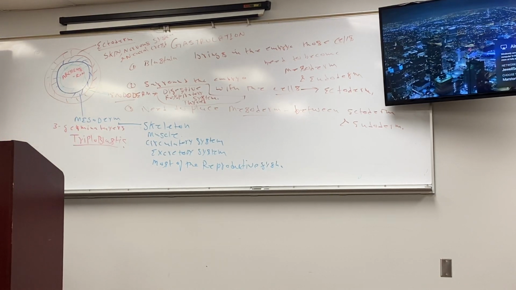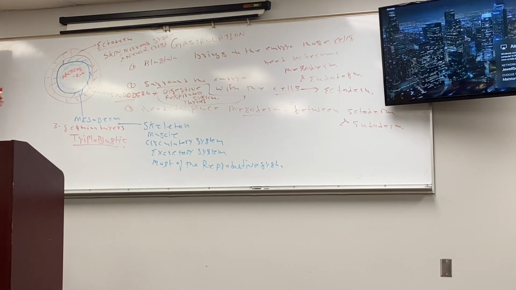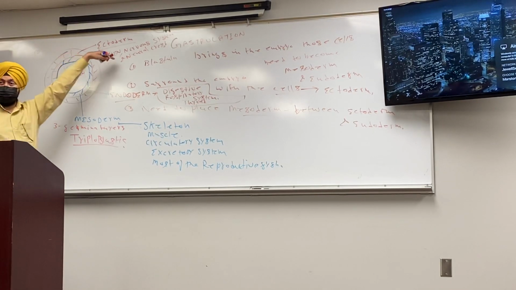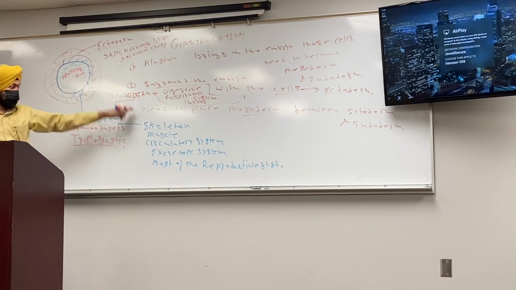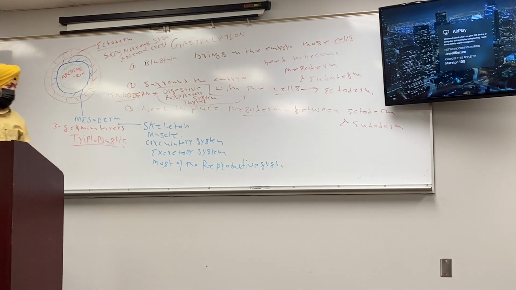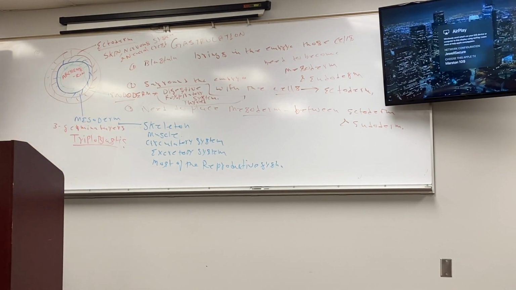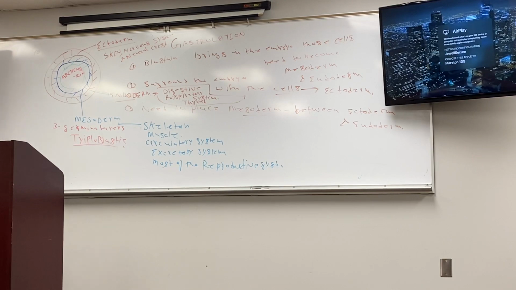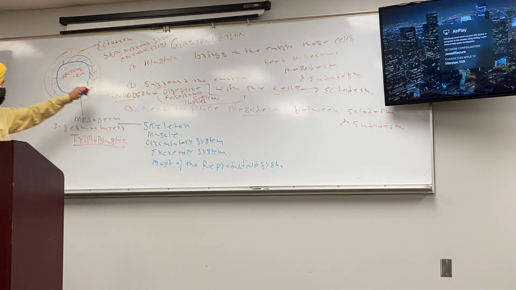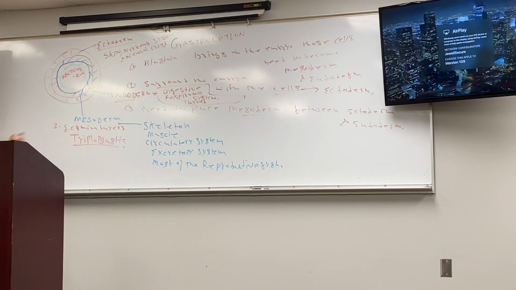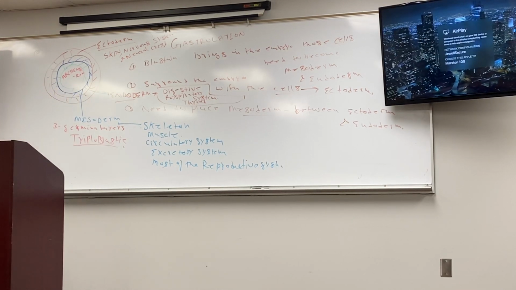And we are saying these 3 germinal layers, for example, ectoderm is going to give you skin, nervous system and neural crest. Mesoderm is going to give you skeletal, muscle, circulatory, excretory, and most of the reproductive system. Whereas your endoderm is going to give you digestive and respiratory system, and in the center we have what we call the archenteron. So far it is okay?